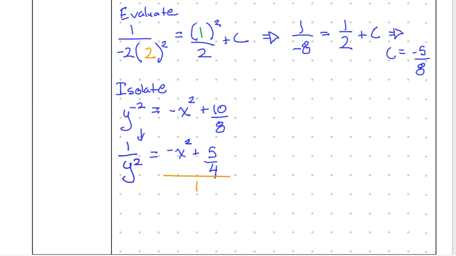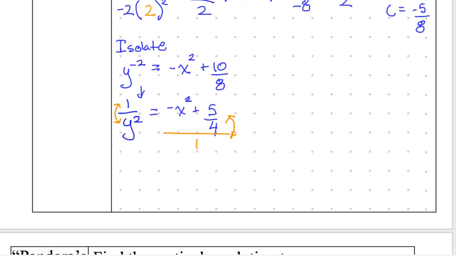So if this is over 1, take the reciprocal of the left, switch these two, take the reciprocal on the right, switch these two. That is a valid mathematical operation, which means now I'm left with y squared over 1, which is just y squared, is equal to 1 over all of this stuff, negative x squared plus 5/4.